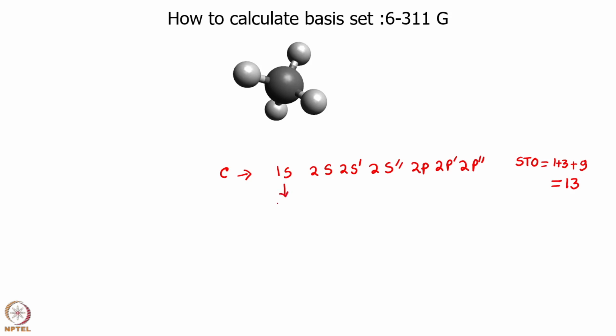This will have 6, this will have 3, 1, 1. Now, 2p, because there are 3 of them and each of them is 3, so it is 9, this is 3, this is 3. So, total it is 6, 3, 9, 10, 11, 20, 26.